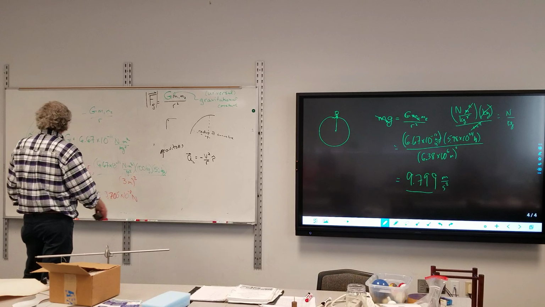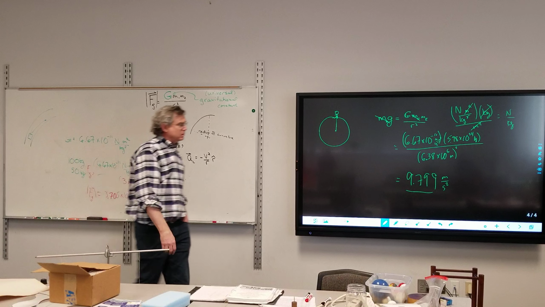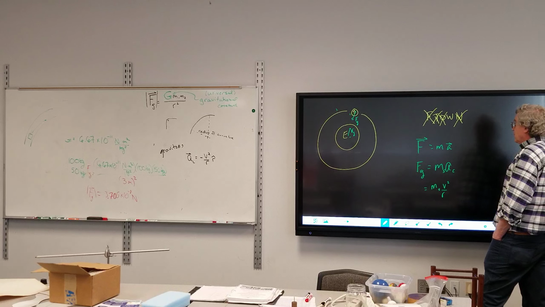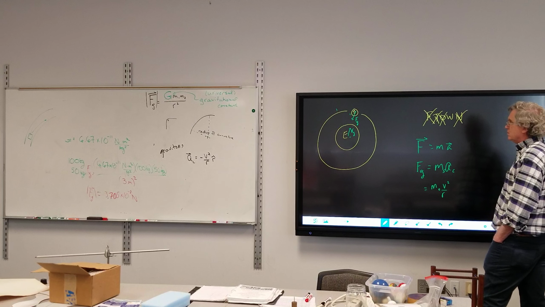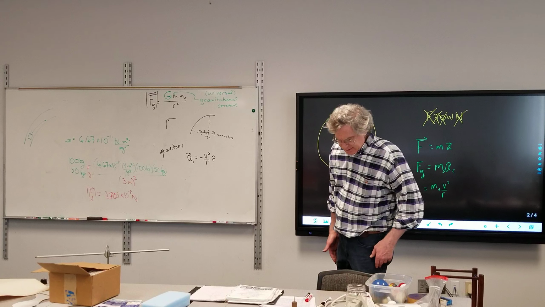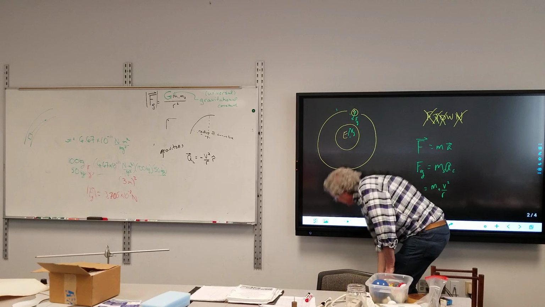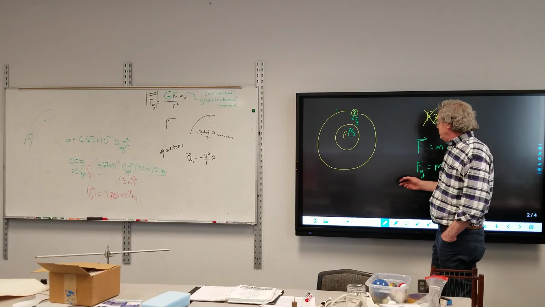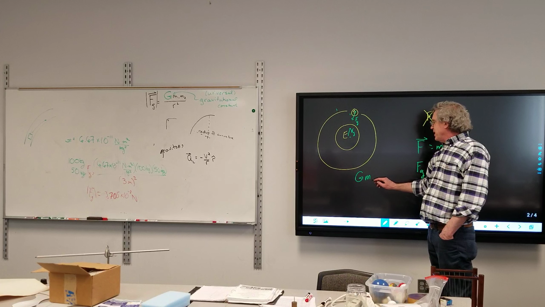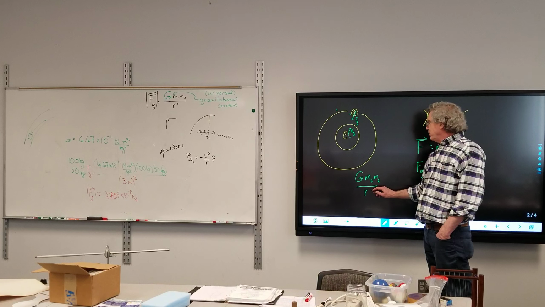So let's figure out how fast that satellite's been traveling. Getting back to that problem. So let's figure out the speed. Plugging in, we have a formula now for the gravitational force. That'd be big G times mass of the satellite times mass of Earth over the orbital radius squared.